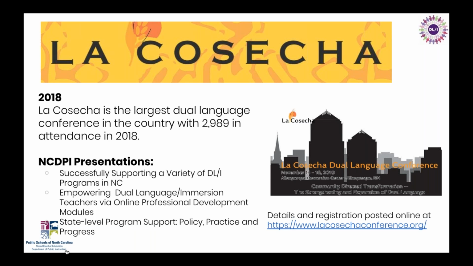So we were sharing the information and the news we have from our state with a national audience. Also, just like the FLANC Fall Conference, on the right-hand side is information about the La Cosecha Dual Language Conference coming up for 2019. It will be November 13th through the 16th, again in Albuquerque, New Mexico, since that's where it's held. And you can see information and where to get details about registration online.